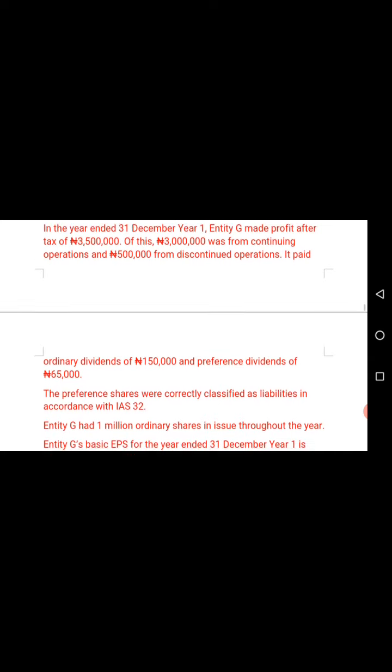The preference shares were correctly classified as liabilities in accordance with IAS 32. Entity G has 1 million ordinary shares in issue throughout the year.